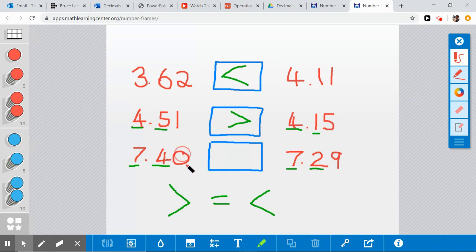That's just saying that we've got no hundredths. Therefore, the correct symbol to use there was the greater than. And if it makes it easier for you, you can add your 0 on to make sure that the 2 numbers that you are comparing are both written to 2 decimal places. I know it makes it much easier for me.